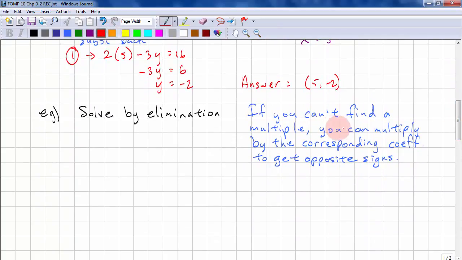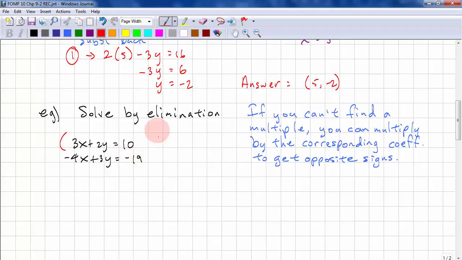So if we can't find a single multiple, we have to multiply by the corresponding coefficients to get opposite signs. And the equation's missing here. We should have 3x plus 2y equals 10, negative 4x plus 3y equals negative 19.